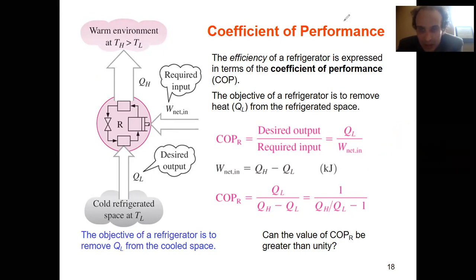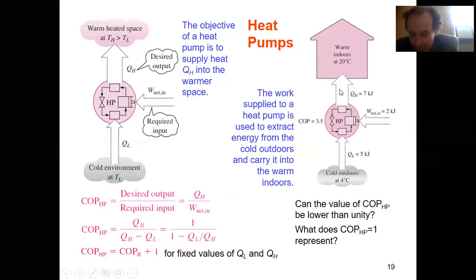Now, for the heat pump, it's very similar. I told you what a heat pump does. It's the same cycle, but the heat pump takes heat from the street and transfers it to your room, to your house. Here it's the same, but a little bit different. Because now, what do you desire?